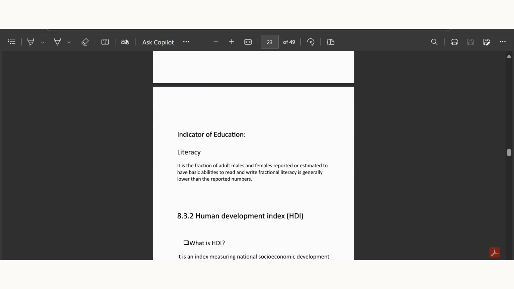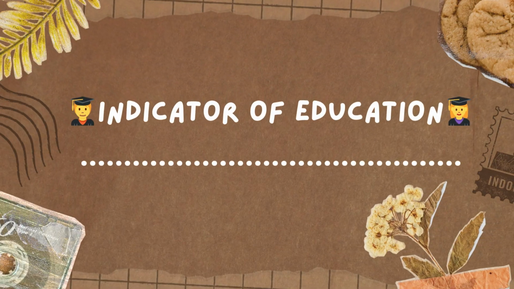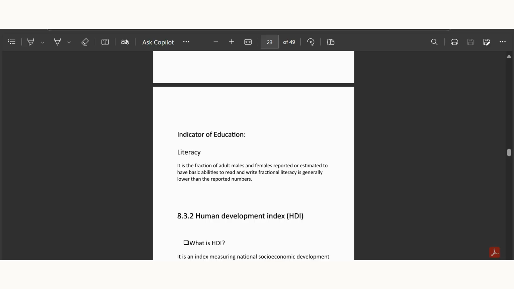Now let's talk about indicators of education. In these indicators, we will talk about literacy. Literacy is the fraction of adult males and females reported or estimated to have basic abilities to read and write.